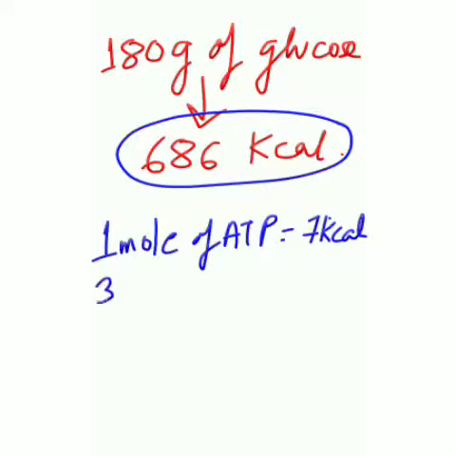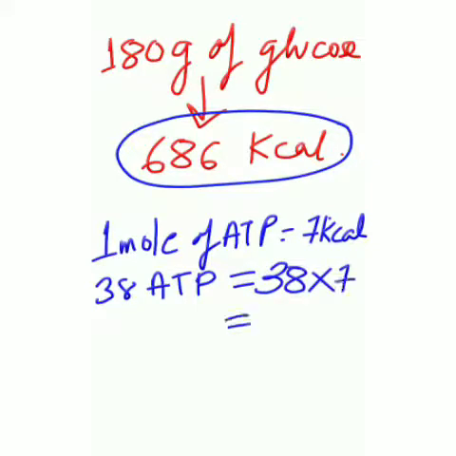That means 38 ATP will be produced by consuming 266 kilocalorie energy.